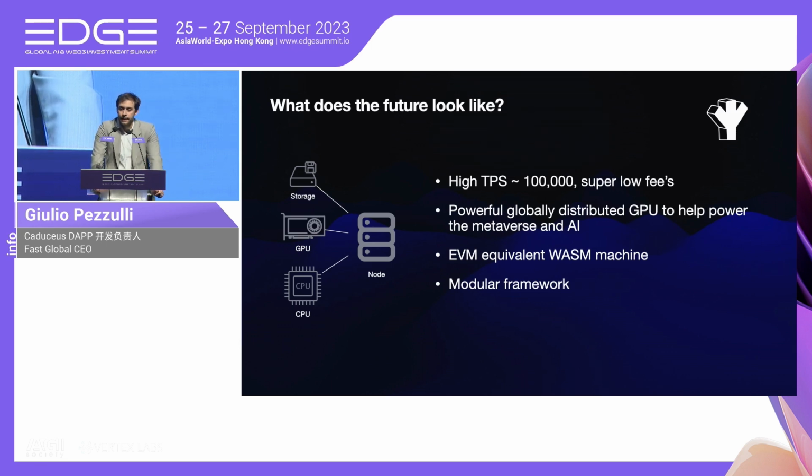In fact, we imagine there will be many data marketplaces for fine-tuned large language models, and Caduceus wants to be at the forefront of this and provide an app store experience for fine-tuned models for the world to use. And these fine-tuned models will be distributed geographically along our nodes and partner nodes.